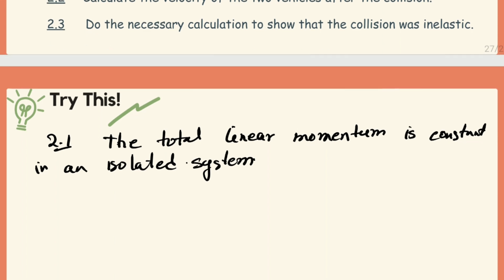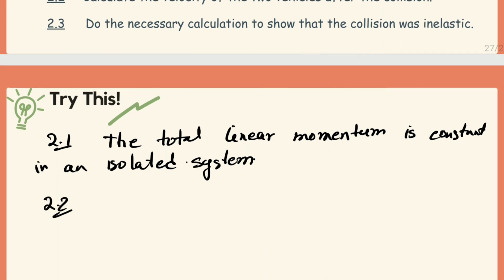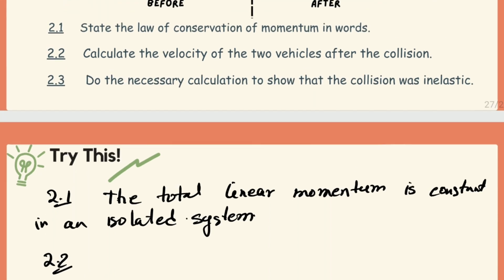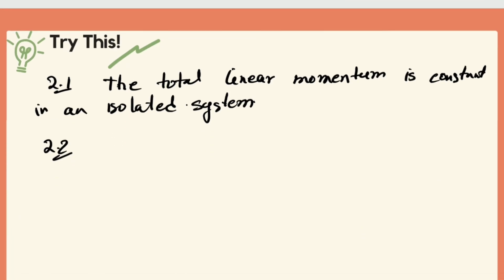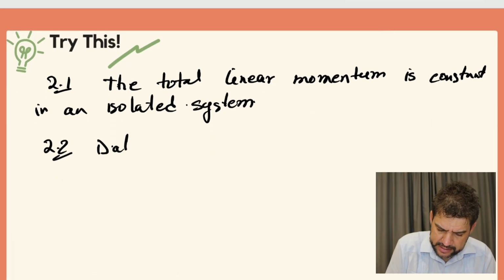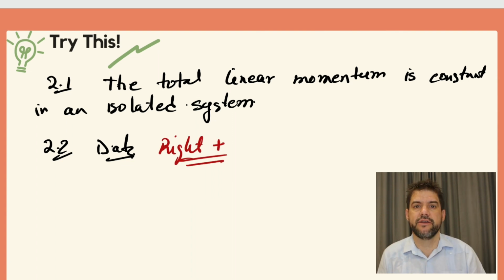Now, 2.2, calculate the velocity of the two vehicles after the collision. So let's write the data on this side. Let's take right as positive. It doesn't matter which direction you take as positive or negative, you'll get exactly the same answer.